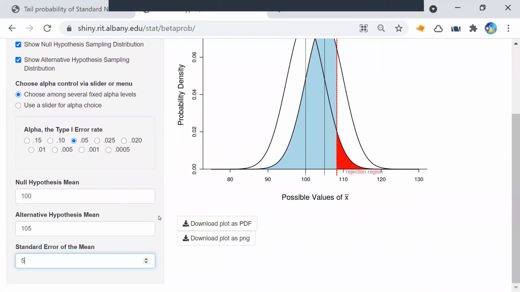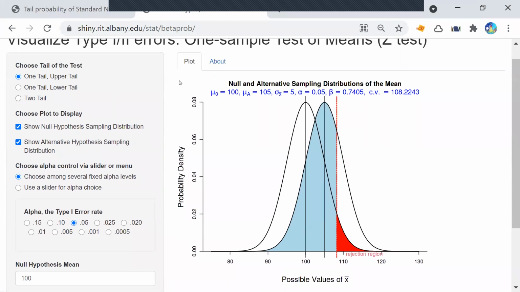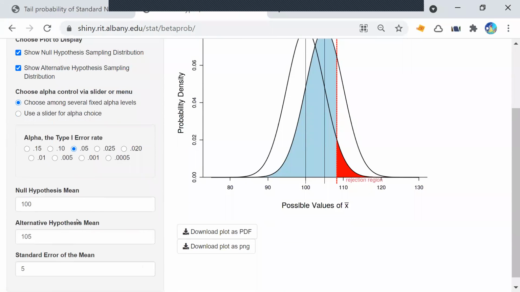So I mentioned that the two factors that influence power that are not represented on this Shiny app are not directly represented as things you can alter by changing a number or switching a toggle, but they are represented in terms of the values that you input into some of these option menus.